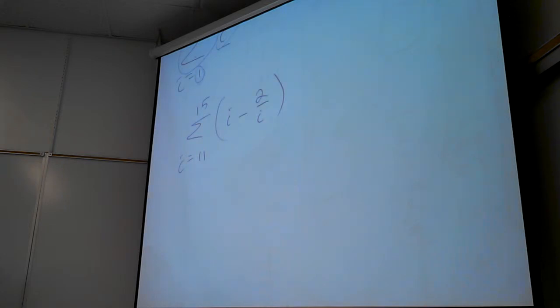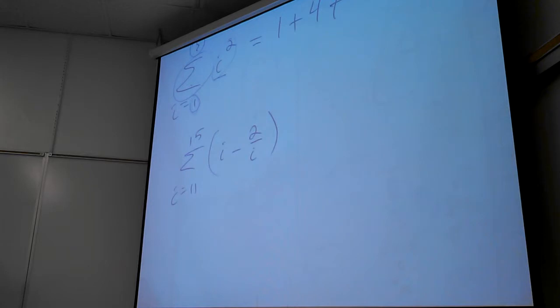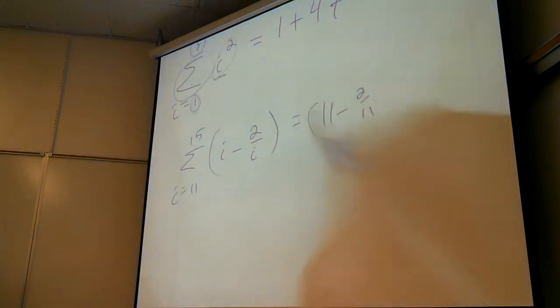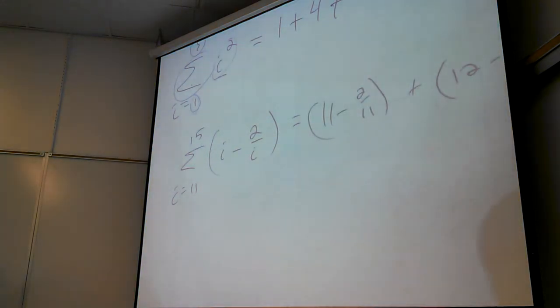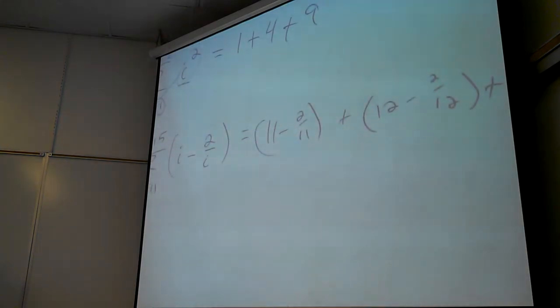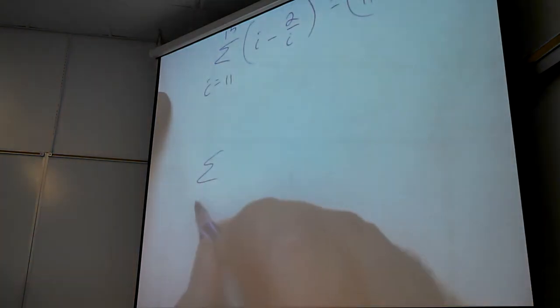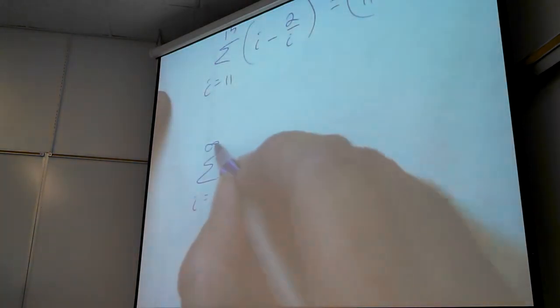So I think you start to understand the basic idea of sigma notation. This would just be plug and chug, right? This would just be 11 minus 2 over 11 plus 12 minus 2 over 12 plus and so forth, up to 15.